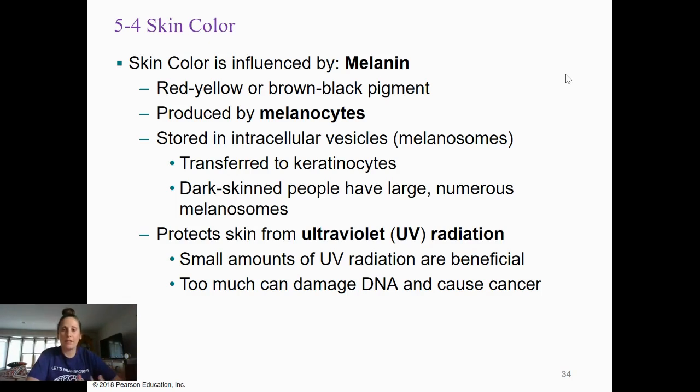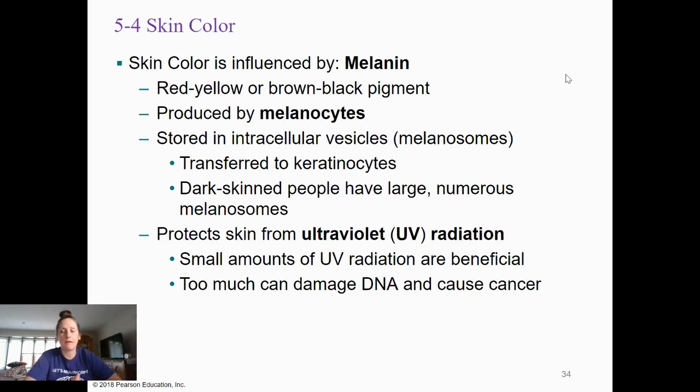So let's talk about the actual anatomy and physiology of how that happens. The first pigment that you're looking at is melanin, and melanin has a couple of different shades. You have a reddish yellow or a brownish black pigmentation based on, again, DNA. And that melanin is produced by those cells called melanocytes.